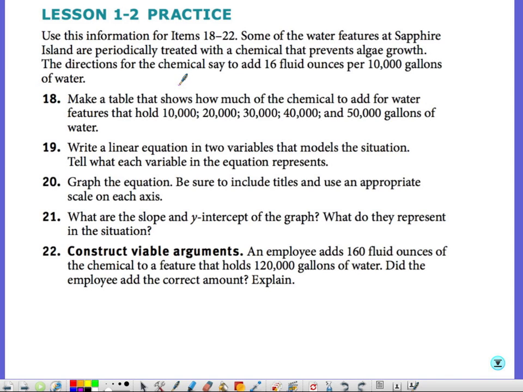Some of the water features at Sapphire Island are periodically treated with a chemical that prevents algae growth. The directions for the chemical say to add 16 fluid ounces per 10,000 gallons of water. Number 18. Make a table that shows how much of the chemical to add for water features that hold 10,000, 20,000, 30,000, 40,000, 50,000 gallons of water.